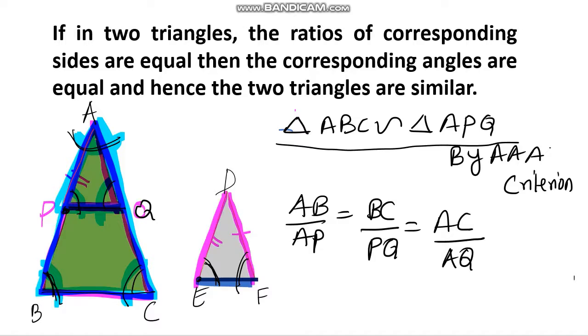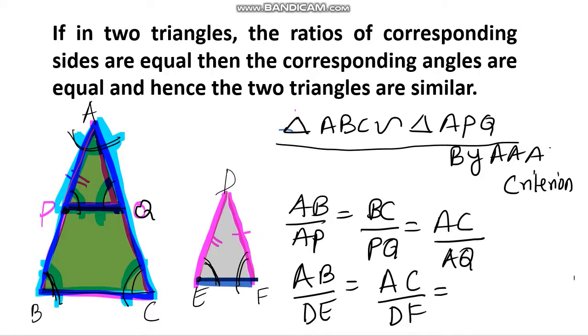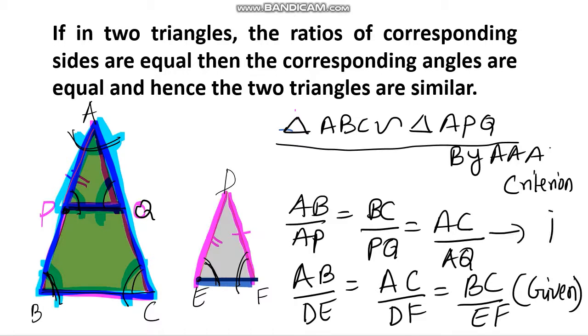We were given AB by DE equal to AC by DF equal to BC by EF. This was given to us. Now if you compare this, we have got this and we were given this.